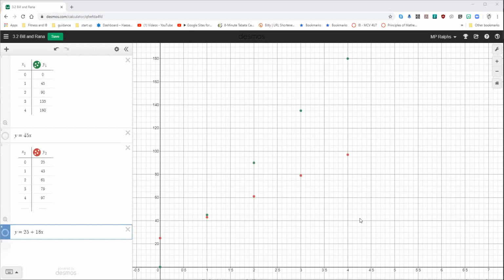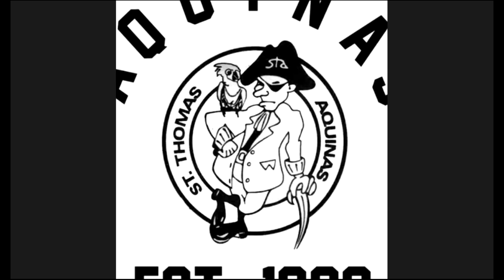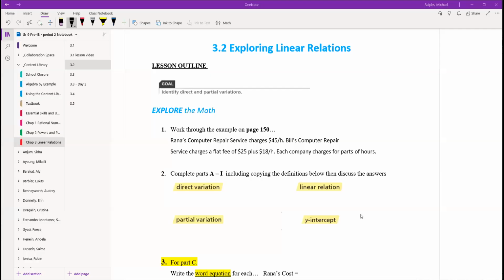Okay, we're going to go back now. I'm going to go back to the worksheet for a second. I'll look at the direct variation and partial variation in a second. What I want to do, though, is, oops, I didn't want to do that. There we go.